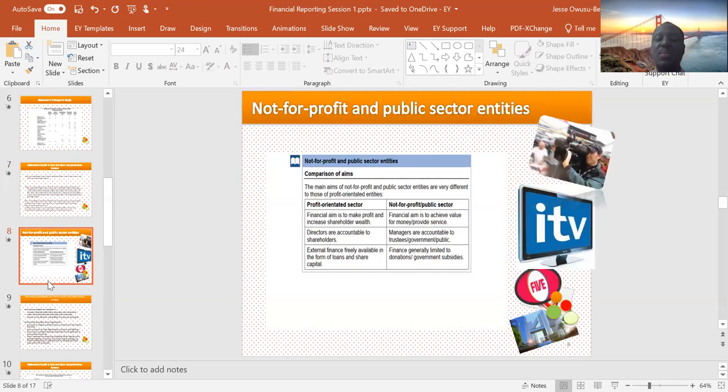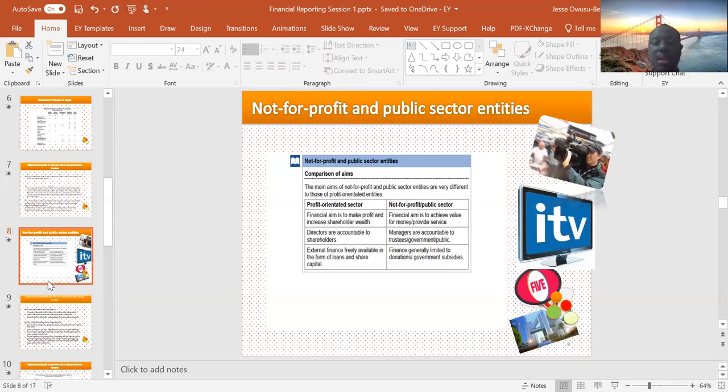So let's talk a little bit about not-for-profit and public sector entities. Then I want us to focus on profit-orientated businesses and not-for-profit orientated businesses. There are entities that exist for profit, and there are entities that also do not necessarily exist to make profit.